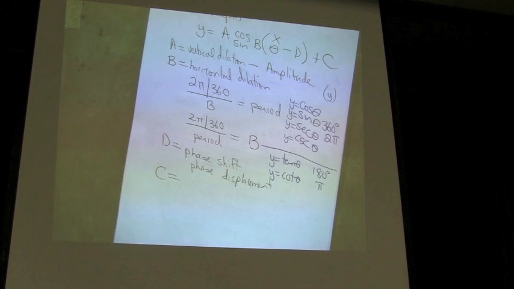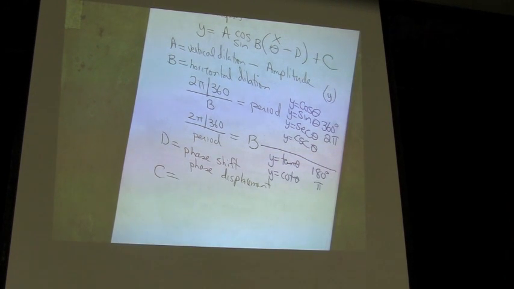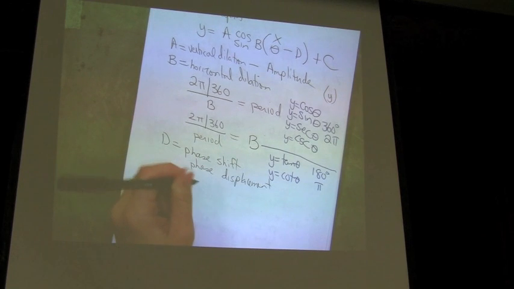And then you have your C. And last year in Algebra 2, this was your vertical translation up or down. And now in math analysis, it became the location of the sinusoidal axis.